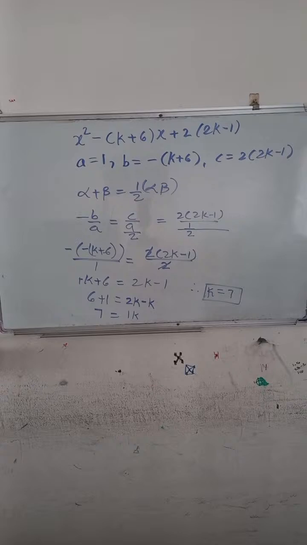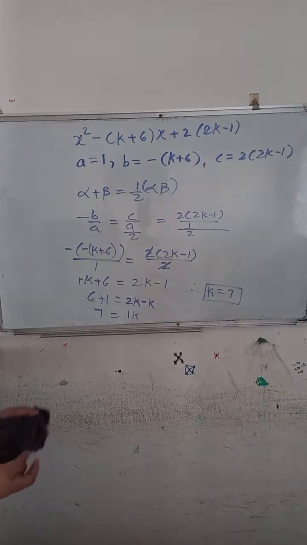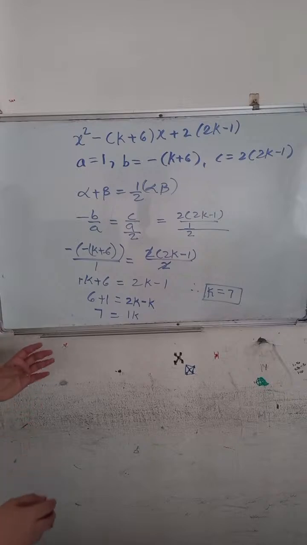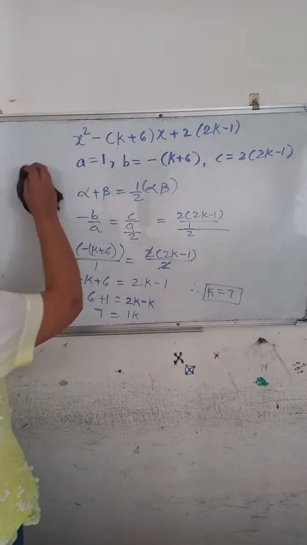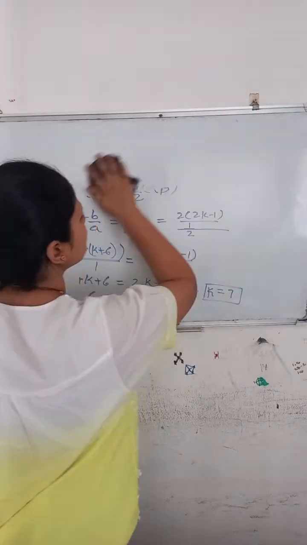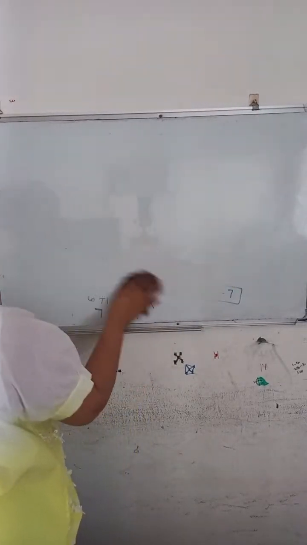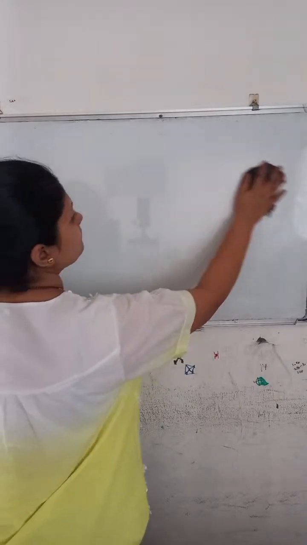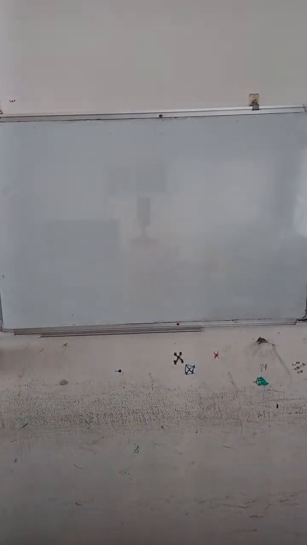Find the zeros of the given polynomial. I hope everyone has copied.